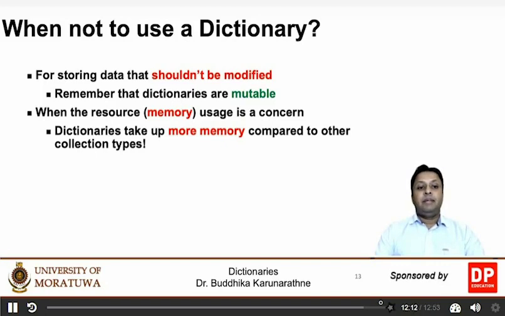Apart from that, if the memory usage of the program or the application is a concern and it is limited, you might need to minimize the use of dictionaries as they consume more memory compared to other types of collections. So you have to be careful about these points when you use dictionaries.